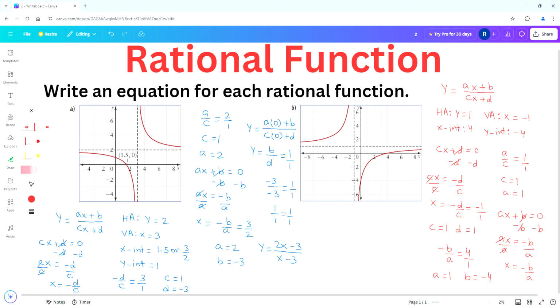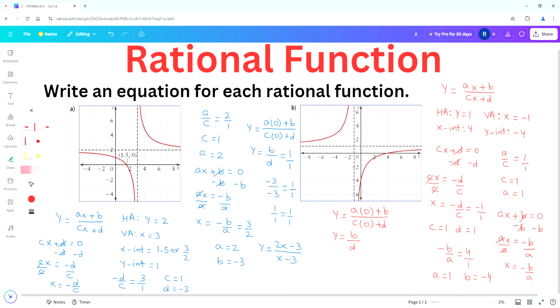Now we have the values of a, b, c and d. We should do the check for the y-intercept. We can find the y-intercept from the general equation by subbing in x as 0. A times 0 is 0, 0 plus b is b, c times 0 is 0, 0 plus d is d.